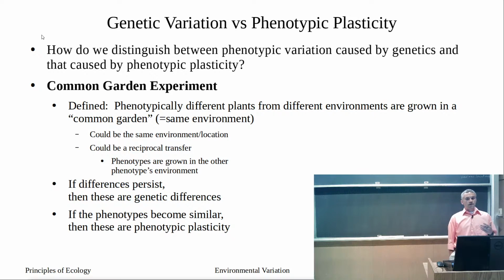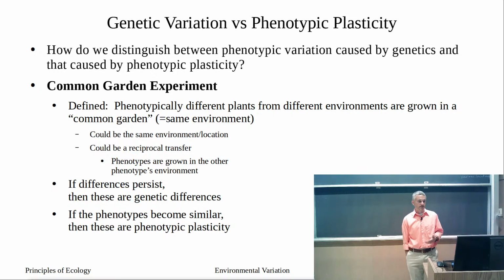All right? Typically, we perform something called a common garden experiment. What this means is exactly what it says. We're going to take our individuals, they're from two different areas, and then we're going to raise them in a common garden under the exact same conditions, and we're going to see what their phenotype is.